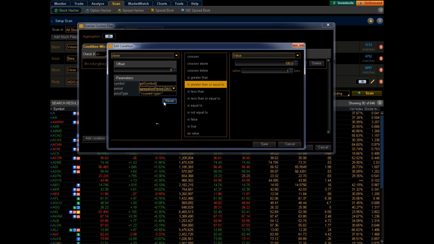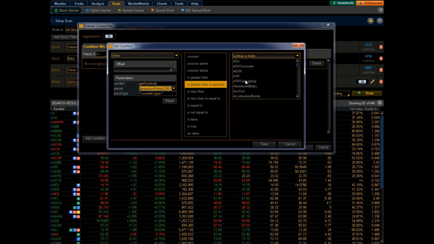I'm sorry for the confusion here. I don't do this all the time. So basically what I'm saying is I want the close of price based on the daily period here, right? The aggregation period is based on day. And I want that to be greater or equal in value to, and let me just go back to moving average here.